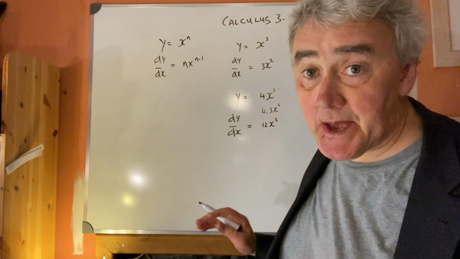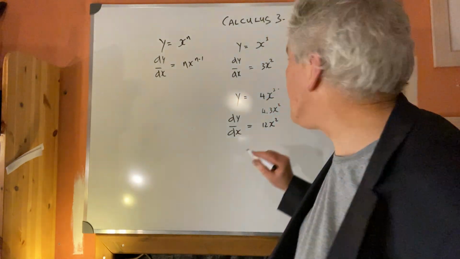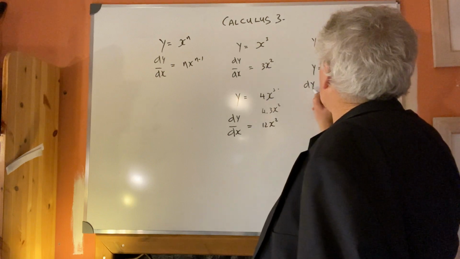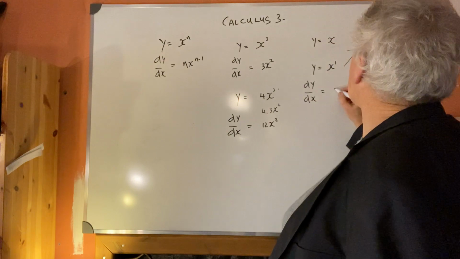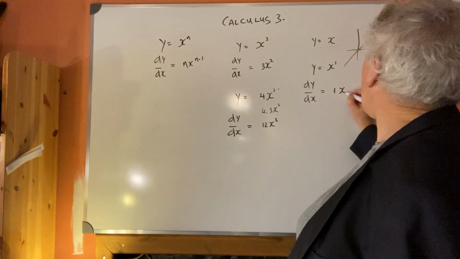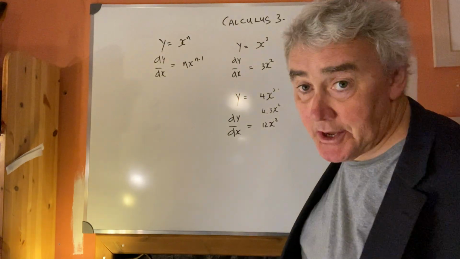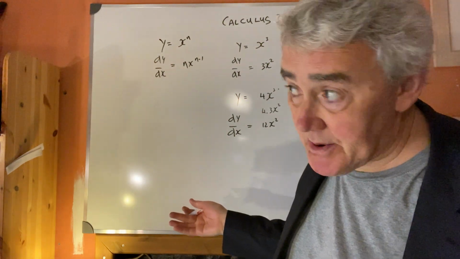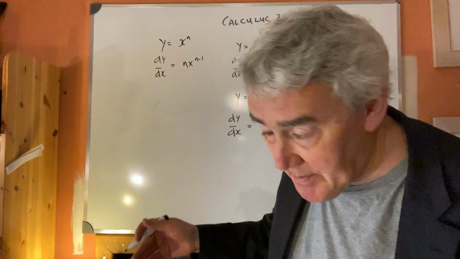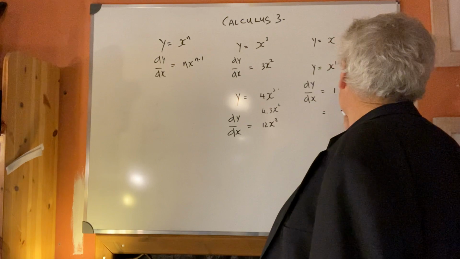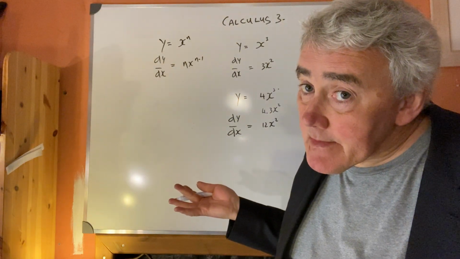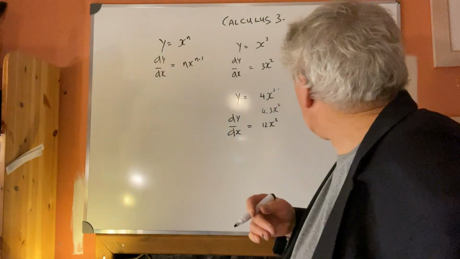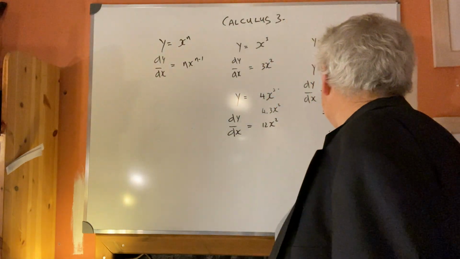We'll differentiate that in exactly the same way then. dy/dx is equal to 1 times x to the 1 minus 1. As we all know, 1 minus 1 is 0, and x to the power of 0 is, anyone? It's 1, basically.